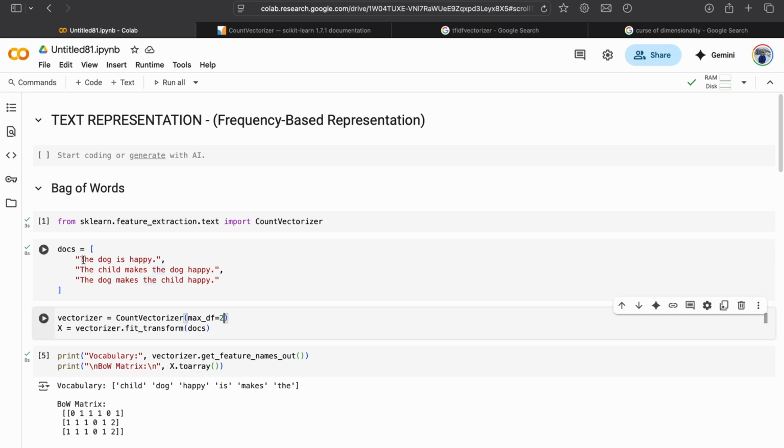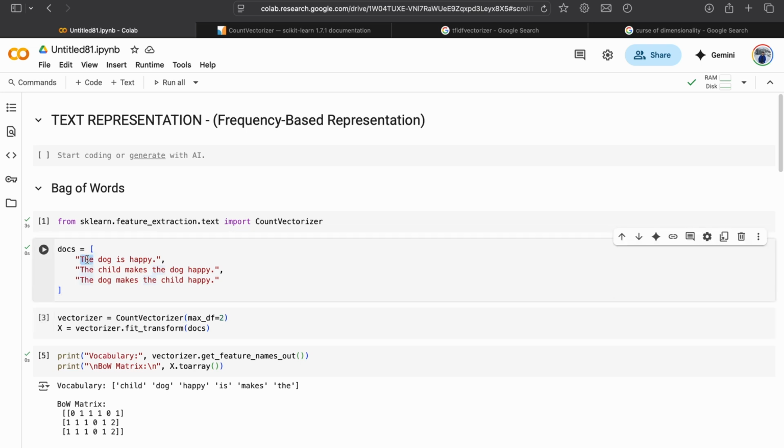So 'the' is occurring in 3 documents here, right? 'The' is occurring here. In this document 'the' is also occurring. In this document 'the' is also occurring. 'Happy' is again occurring in, sorry, 3 documents. In all the 3 documents it is occurring. We are just counting the occurrence of the word or token in the number of documents, in how many documents it is occurring.